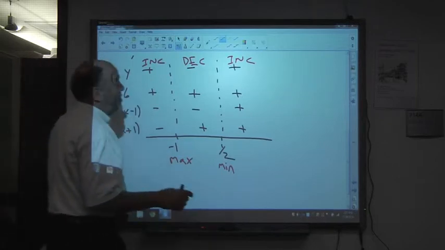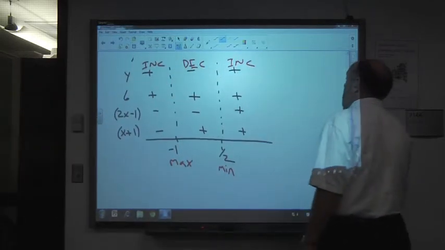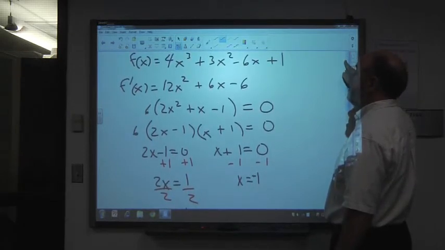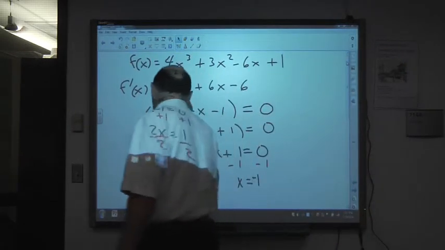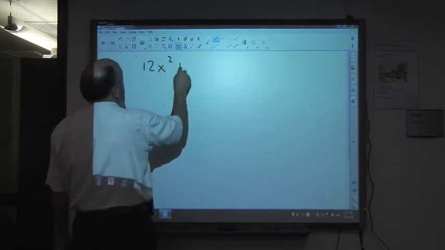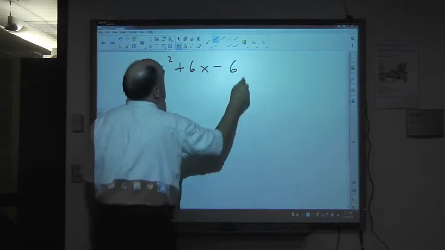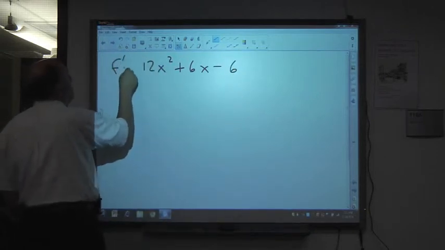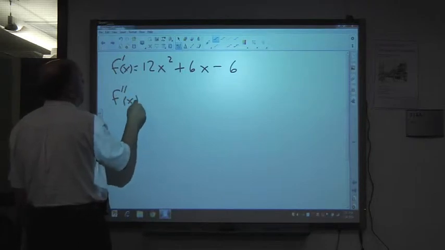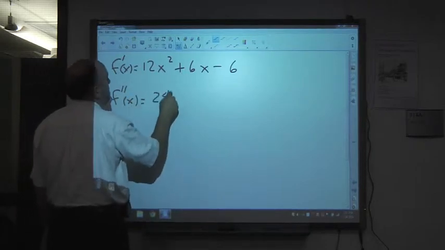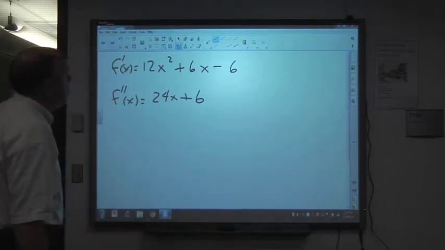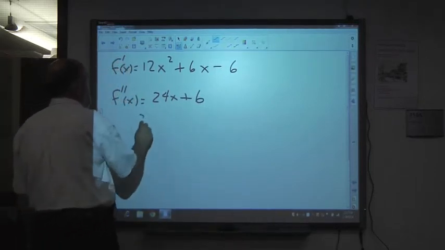So our first derivative we said was 12x squared plus 6x minus 6. That was f prime. So my second derivative will be 24x plus 6. Okay. We take that derivative, we set it equal to 0.